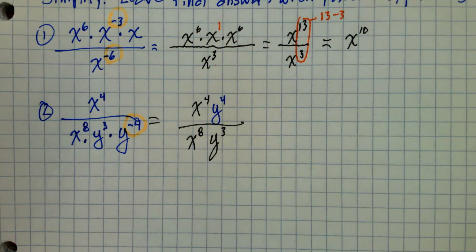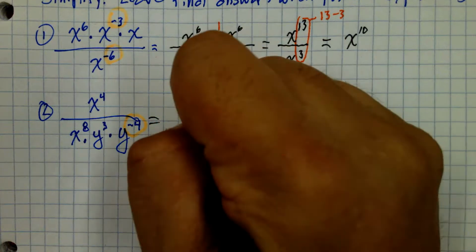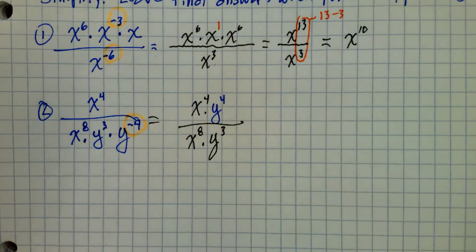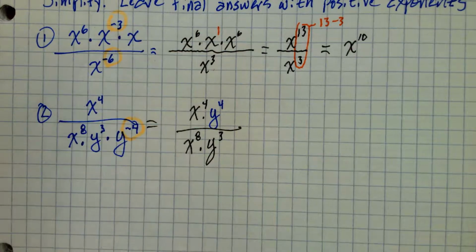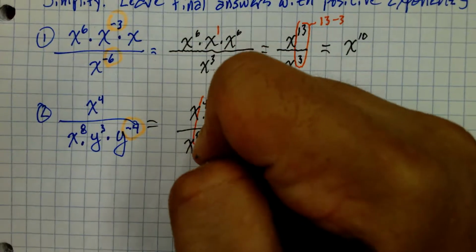Everybody's happy. We have to put a multiplication sign in the top. So everybody's happy. What next? We subtract. Yeah, we're doing some division. So we have a common base with x, a common base with y. Let's subtract.